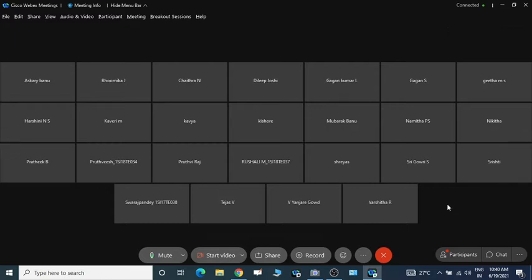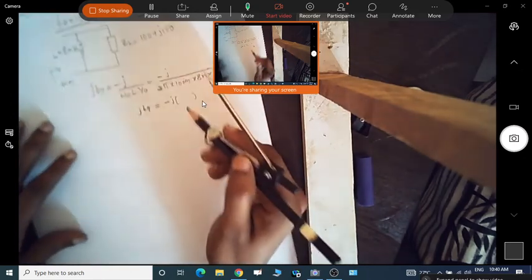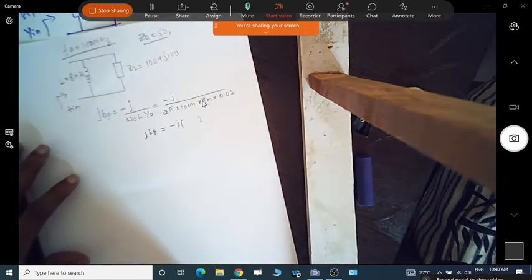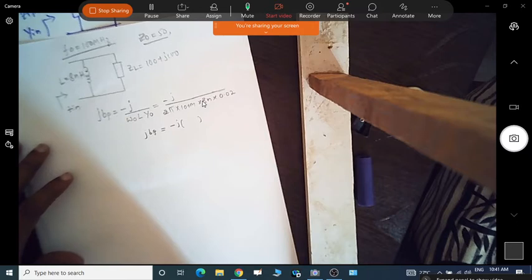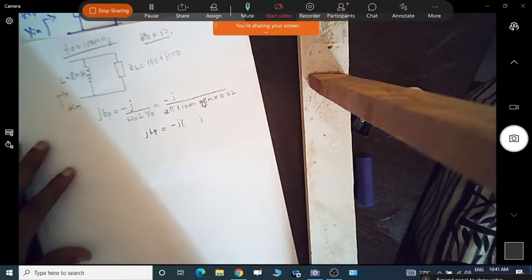Hello? What is the value? 2 pi into 100 mega into 8 nanohenry into 0.02. Find out this value. How much will you get? Anybody done?